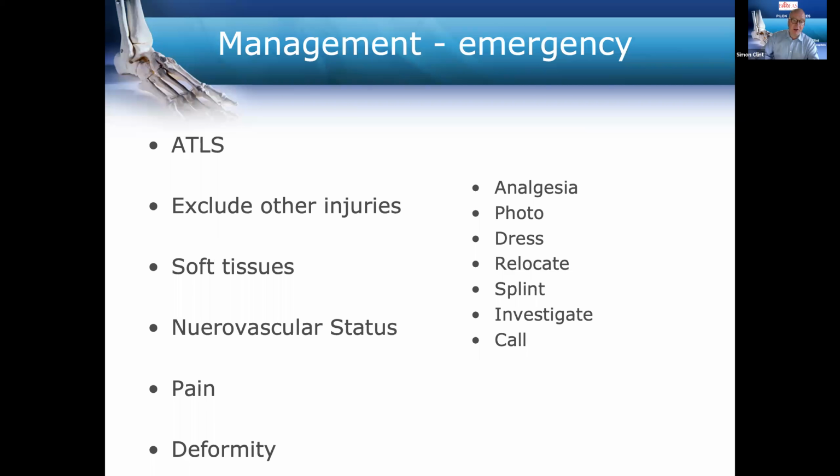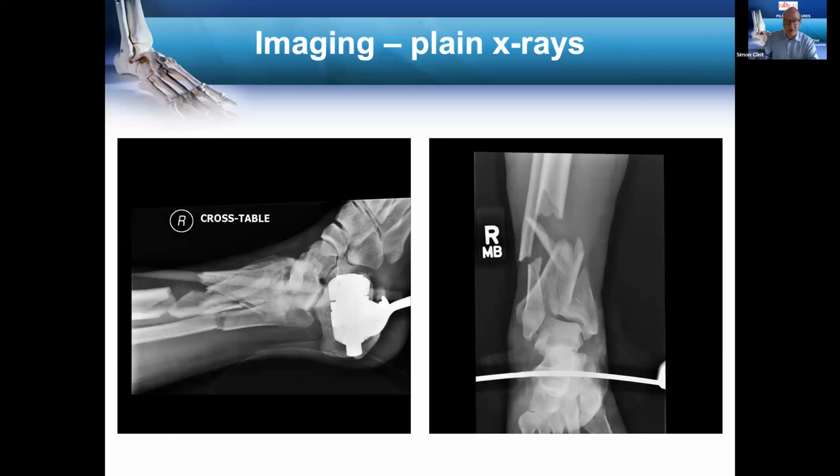So first line investigation really ought to be some plain films. In our unit, there's a tendency for A&E just to CT everybody, and we end up asking for plain films afterwards, because most of us still find them very useful. Unfortunately, A&E seem to be incapable of working out which end of a tibia is broken, so tend to ask for tibial views.